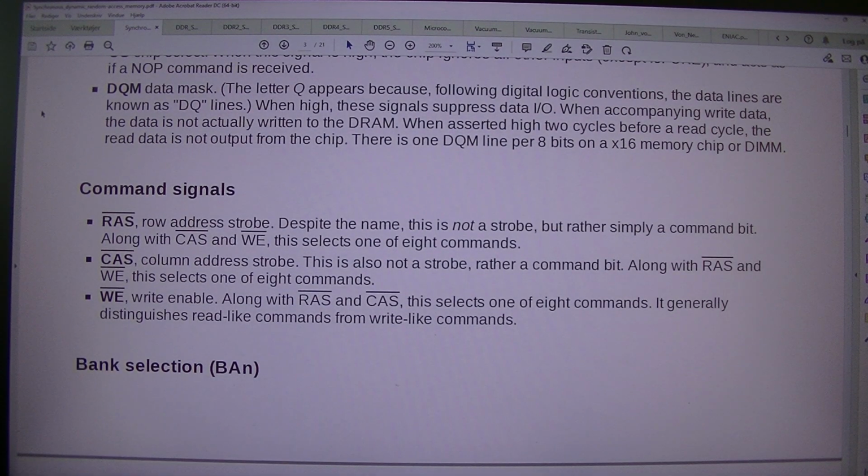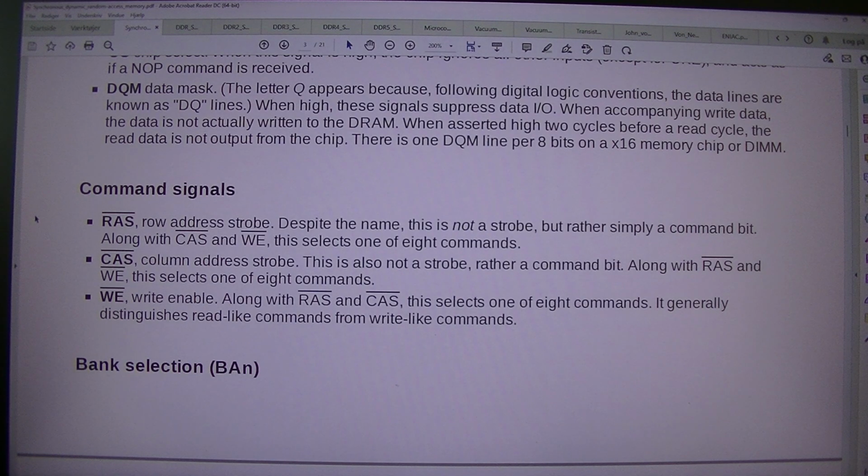When high, these signals suppress data I/O. When accompanying write data, the data is not actually written to the DRAM. When asserted high 2 cycles before a read cycle, the read data is not output from the chip. There is 1 DQM line per 8 bits on a x16 memory chip or DIMM.